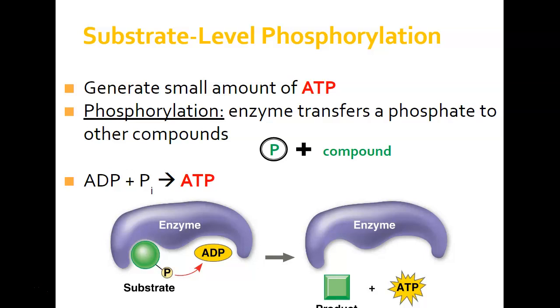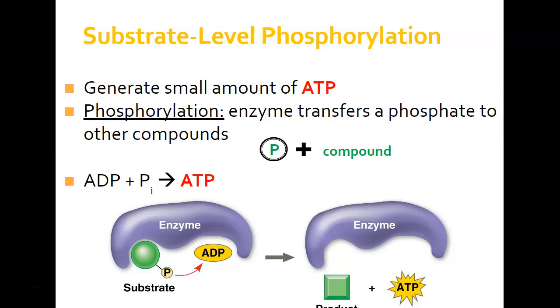Substrate-level phosphorylation just means that there's an enzyme that takes a phosphate and shoves it right back onto an ADP. So it brings the 2 together and joins them. That's why it's called substrate-level phosphorylation, because ADP is being joined to a phosphate that is acting as a substrate.